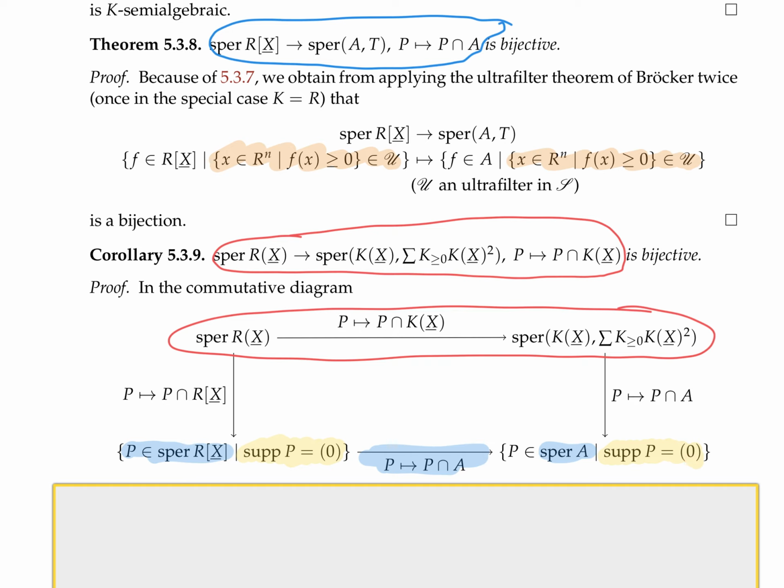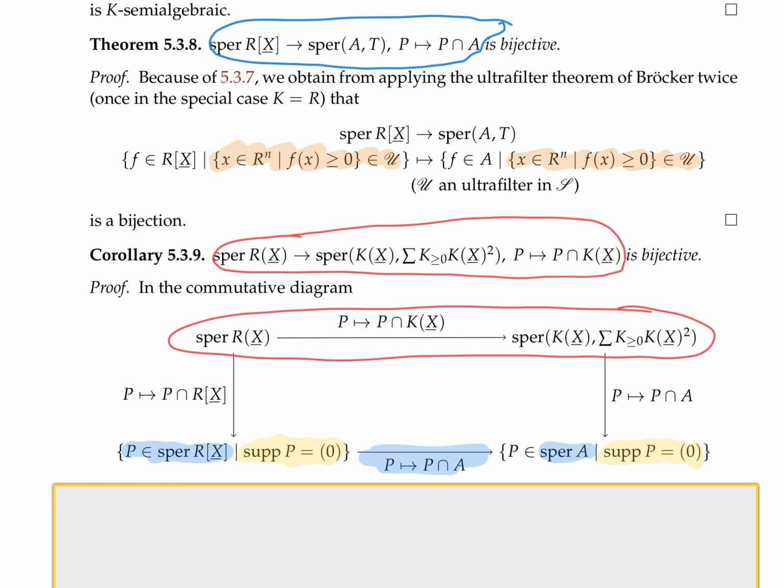Okay. And then the two downward maps are also very natural. That's also just restrictions, right? Just intersection, here with Rx and here with A. That maps actually into this thing. The yellow conditions are satisfied for the images here, right? Because the support of a prime cone is the zero ideal here, because this is a field and this is a field.